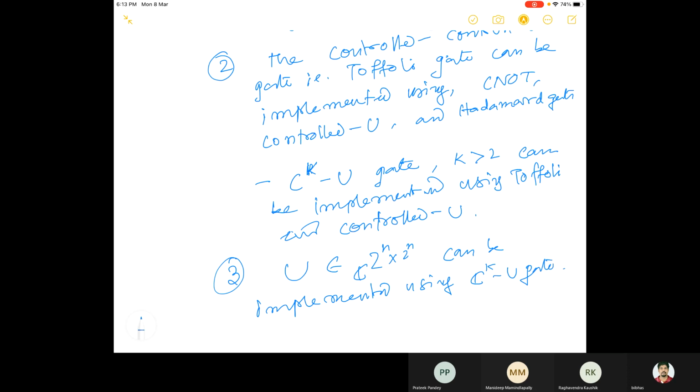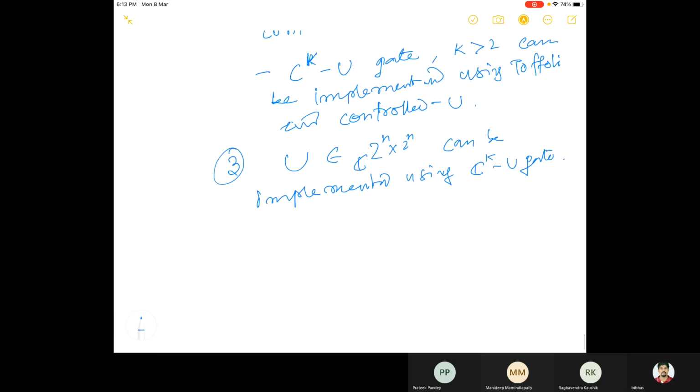So essentially what we are first showing is that from my single qubit gates and CNOT, I can generate the Toffoli gate.